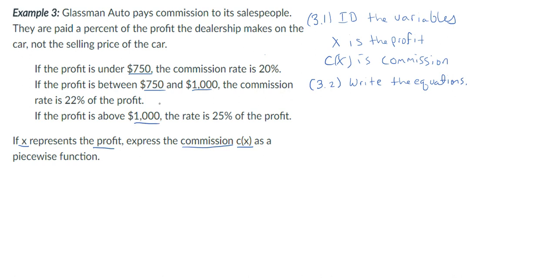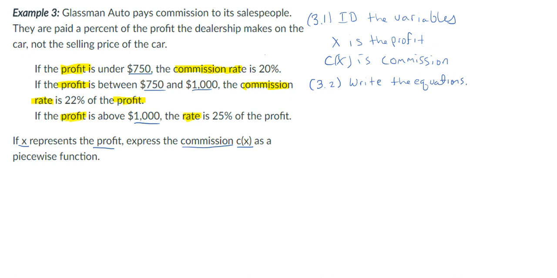And so I need to write 3 different equations. To do that, we're going to go through and replace my variables. Profit is a variable, commission is a variable. Profit, commission. Oh, there's profit again. And then profit, and then rate. Commission rate is the same thing as commission. All right?